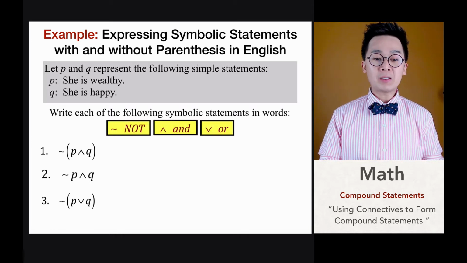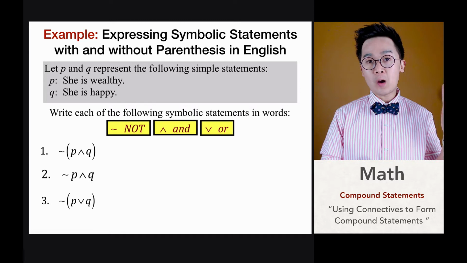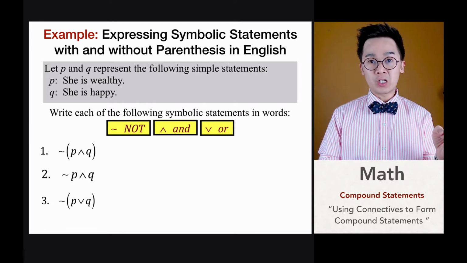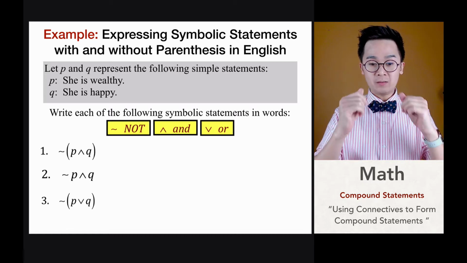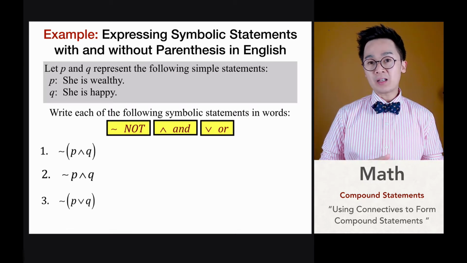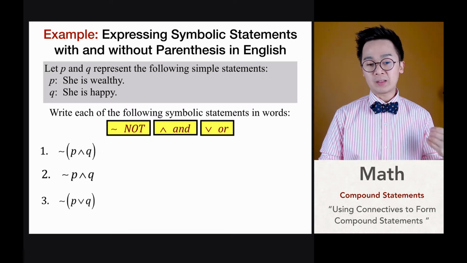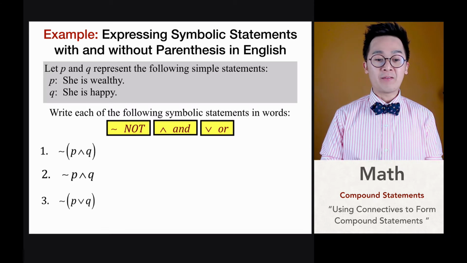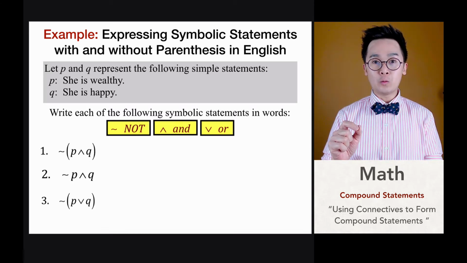In these particular examples, we have three operations that we're using: the negation or not, the conjunction or AND operation, and the OR operation, which is the letter V.